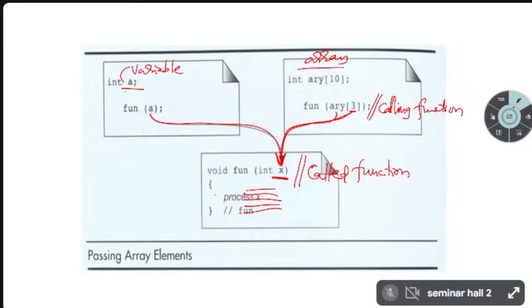That means this function is taking the help of this function. Communication between this module and this module, they are communicating. Communicating is nothing but sending or receiving data, right?